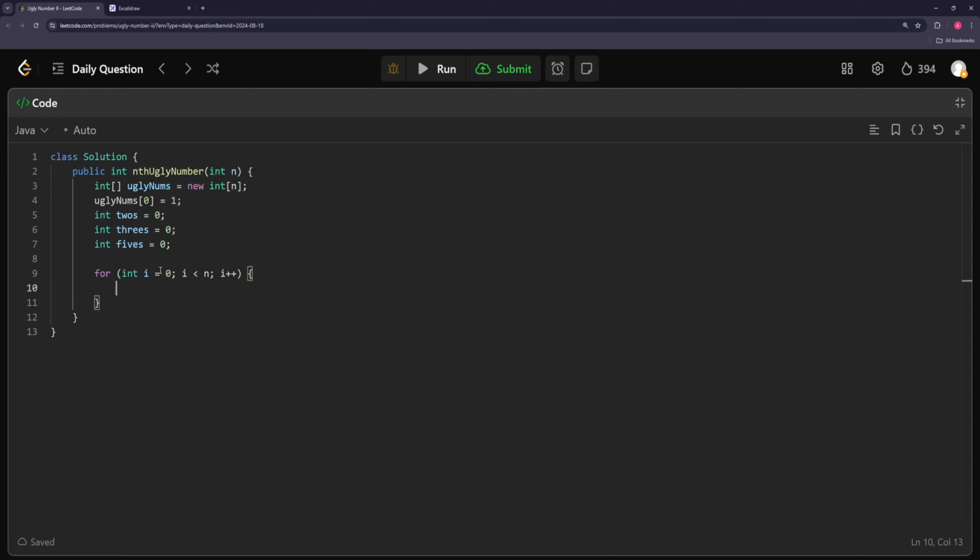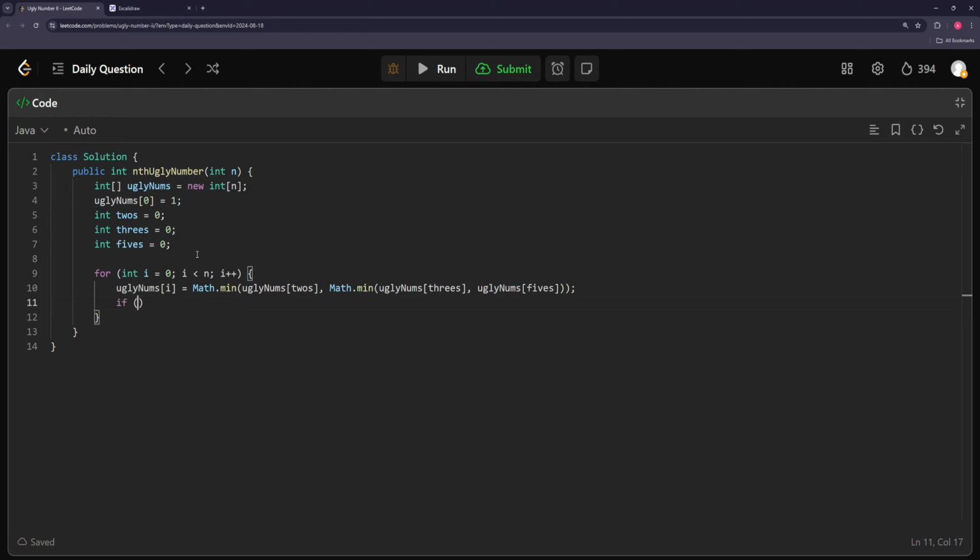Okay, and so our next number to put in, ugly nums i, will equal the minimum of ugly nums at 2's or ugly nums 3's or 5's. One of those.